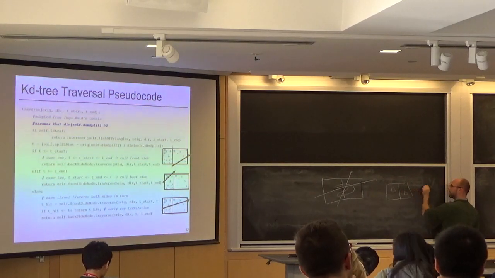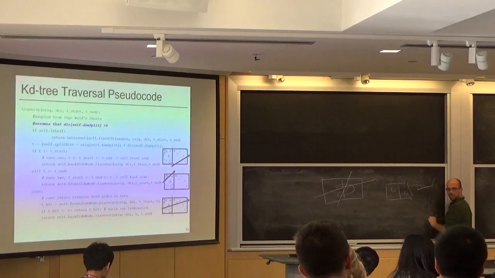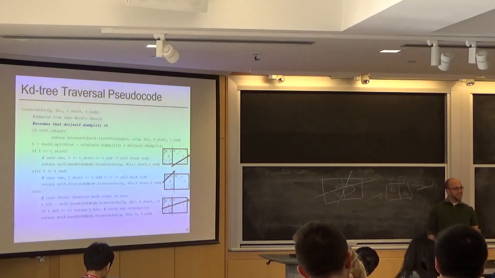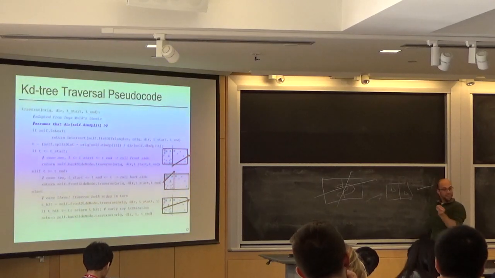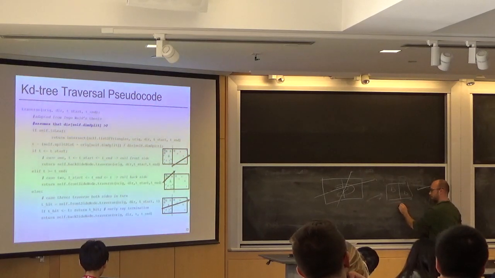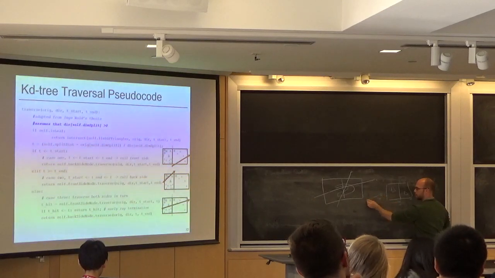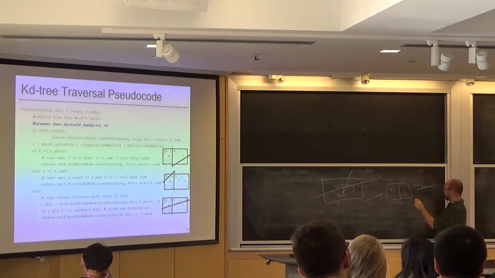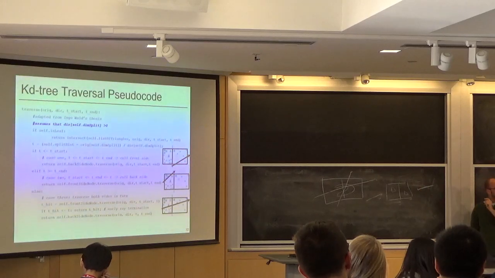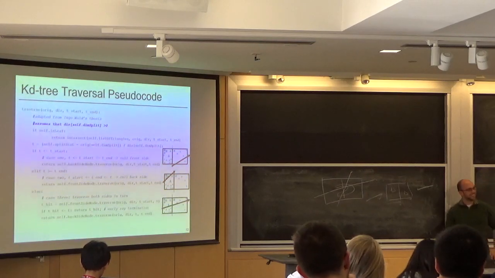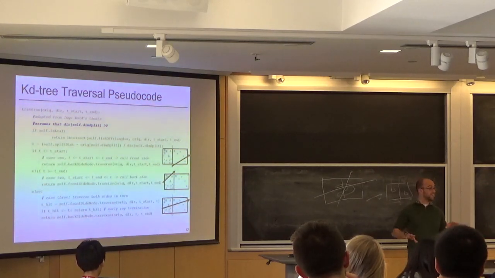Here's another triangle. If my ray is going this way, this guy would be the front. If my ray is going that way, this guy would be the front. And the way that I can determine that is that this axis, let's say, is x, then if I take a look at the x component of this vector here, it's positive, and the x component of that vector here is negative. So there's a little bit of a... yeah, you're also right. All these details matter a lot. Any other questions? That's a great question.